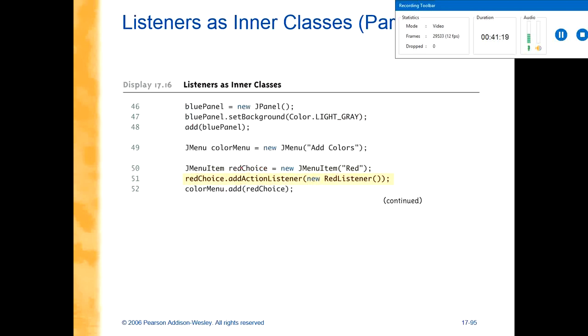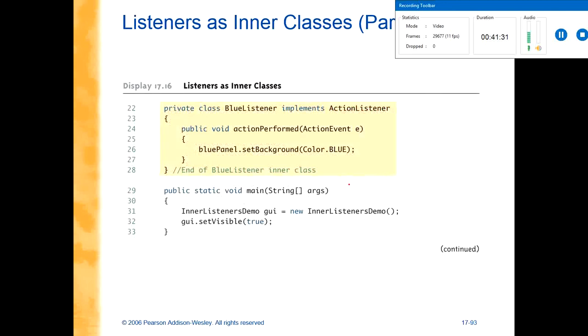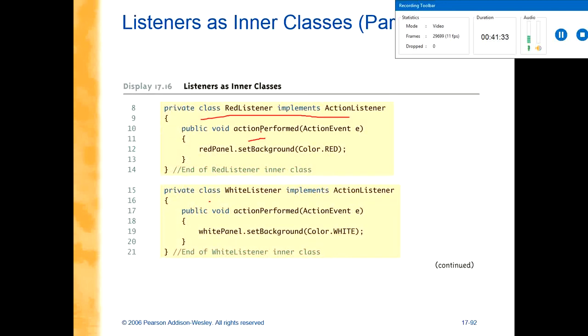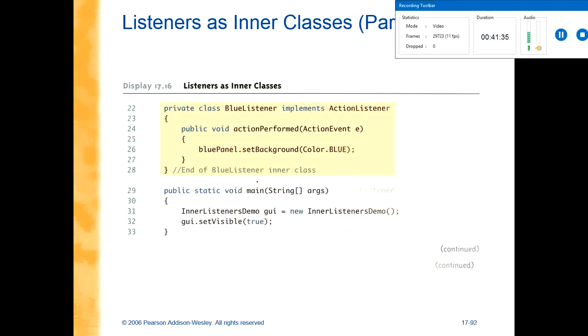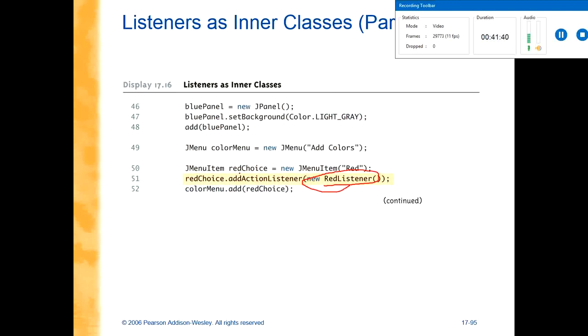Now to the red choice, which is the menu item, add action listener, new red listener. So here we are providing the name of the class instead of this, because the names of the classes were, if you see over here, red listener, white listener and blue listener. So when we are going to add the action listener to the menu item, we are going to use the class, and the inner classes are made as private. Then you add it to the menu.